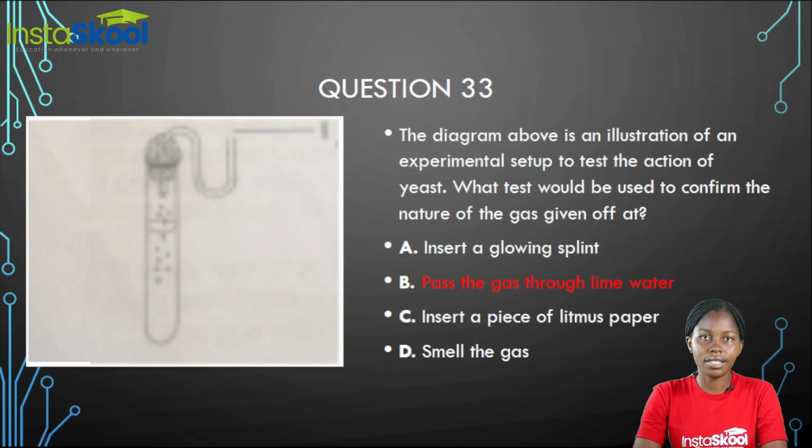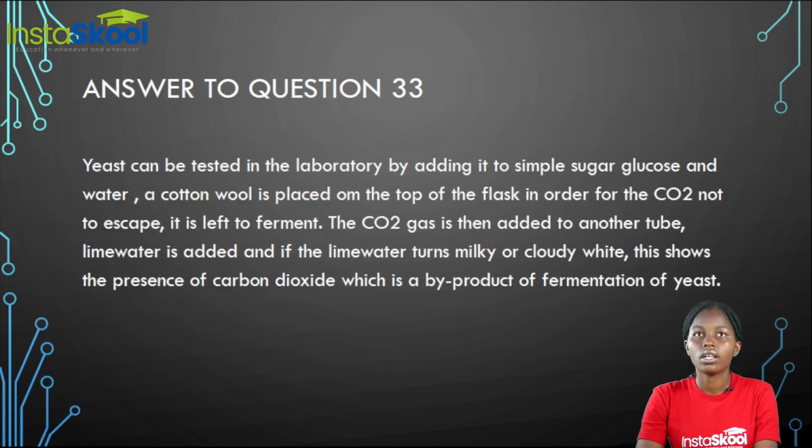Our question 33. The diagram above is an illustration of an experimental setup to test the action of yeast. What test would be used to confirm the nature of the gas given off? Yeast can be tested in the laboratory.